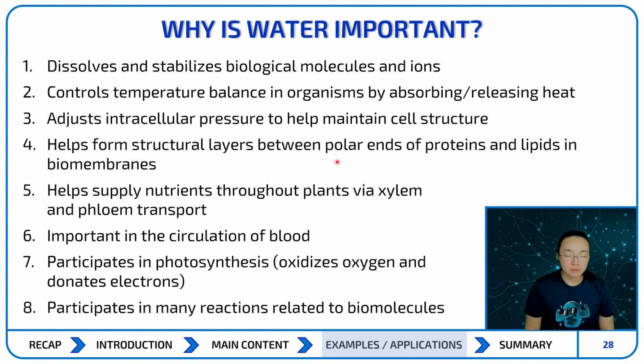So in terms of understanding this, just be able to pick out which different functions belong to water and which ones do not, if there's a mix and match question of some sort.